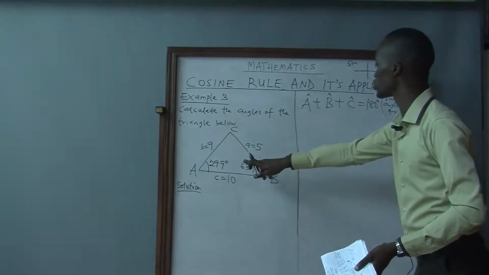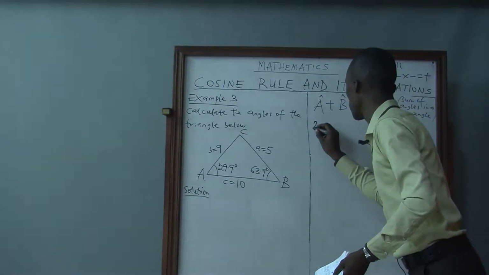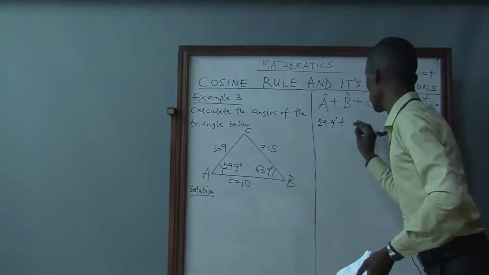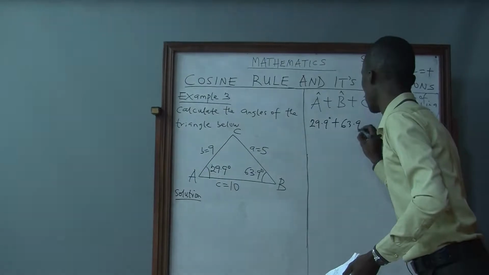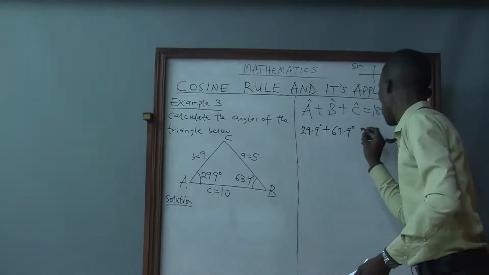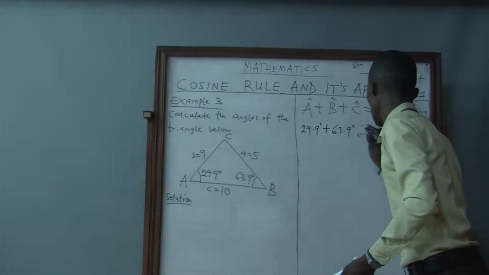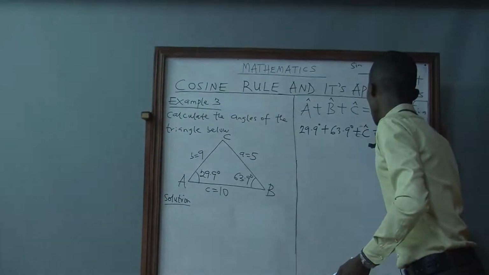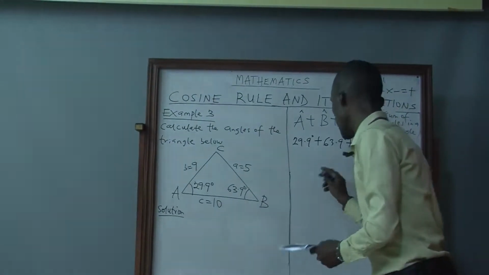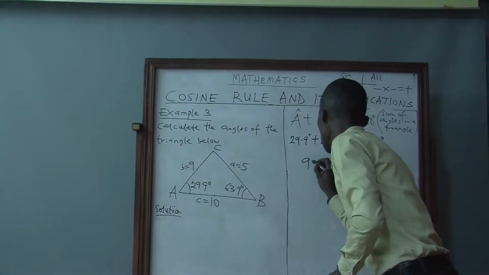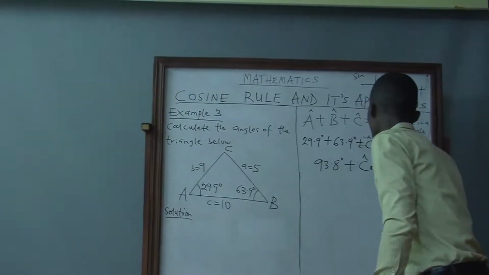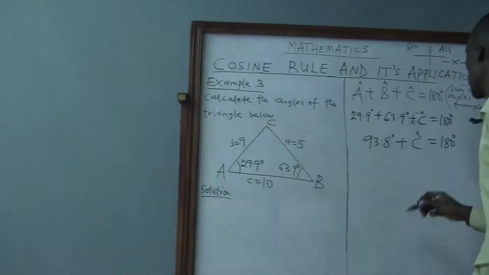From there, A is 29.9, so we have 29.9 degrees. B is 63.9, so we have plus 63.9 degrees. And the one we are looking for, plus C, is equal to 180 degrees. And if you add this, we have 93.8 degrees plus C equals 180 degrees.